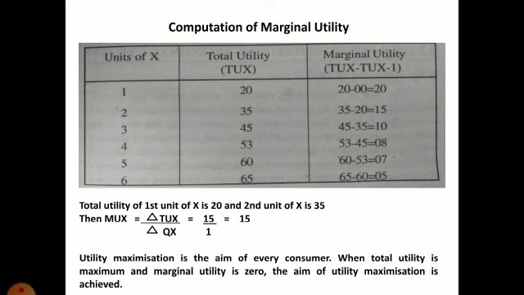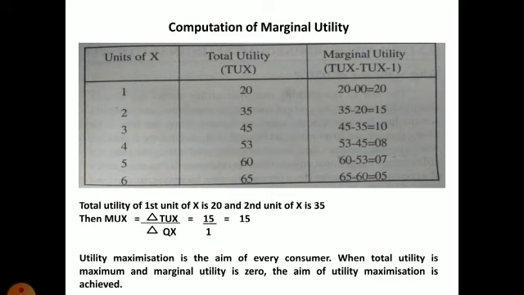To find out marginal utility, we can also use the formula, namely MUX is equal to delta TUX, that is change in the total utility of commodity X, divided by delta QX, that is change in the quantity of X consumed.